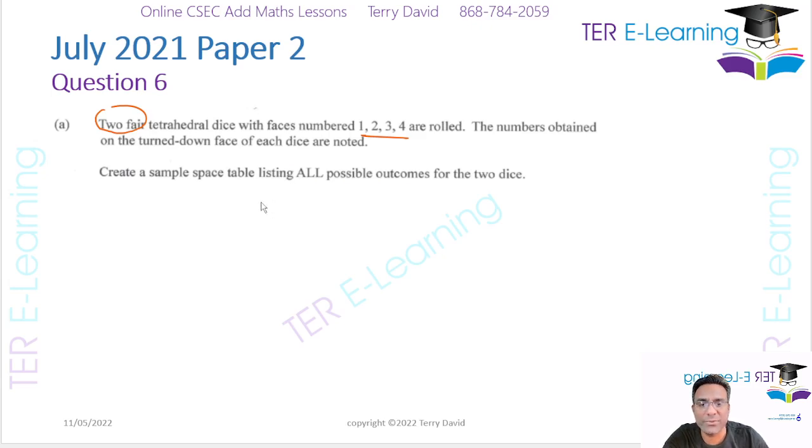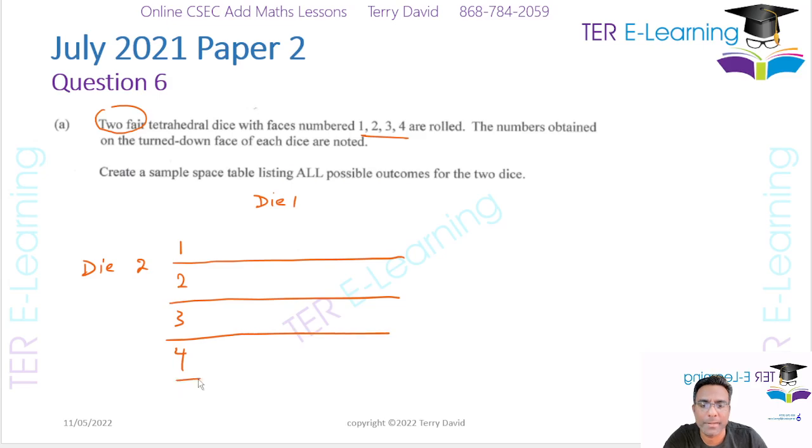So all we need to do here, guys, is put die 1 and die 2, right? In the case of die 1, we can get a 1, a 2, a 3, and a 4. So let's draw some lines here. Those are the possibilities for die 2.